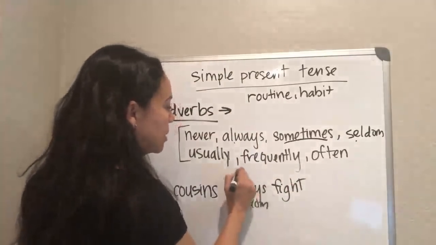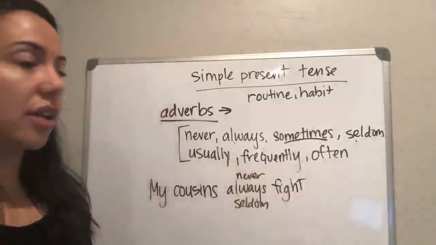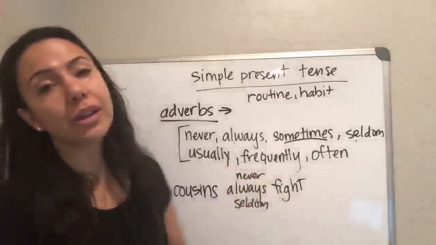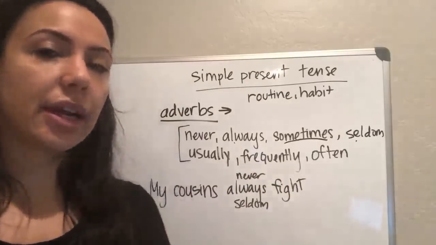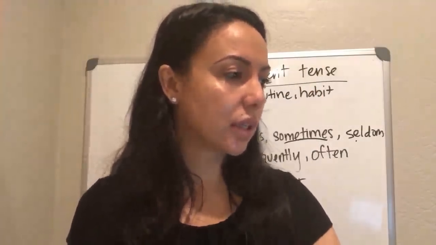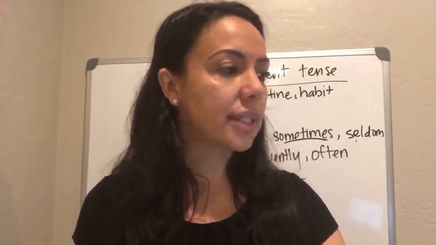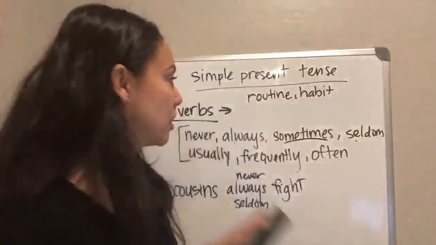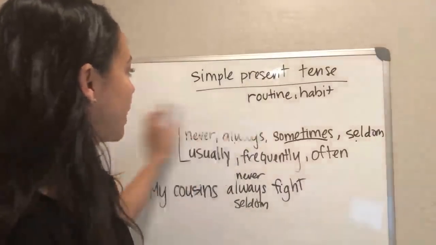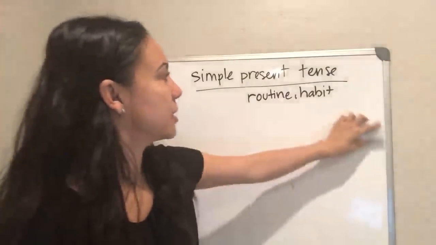My cousins never fight. Usually fight, often fight, frequently fight. All right, good. So actually, I was going to go into the next lesson. Why don't I do this? Why don't I take some of your questions, preferably about the lesson, because we will have more lessons in the future.